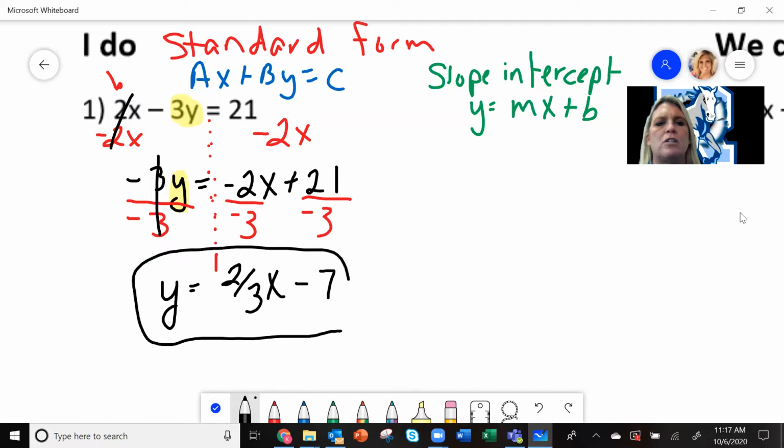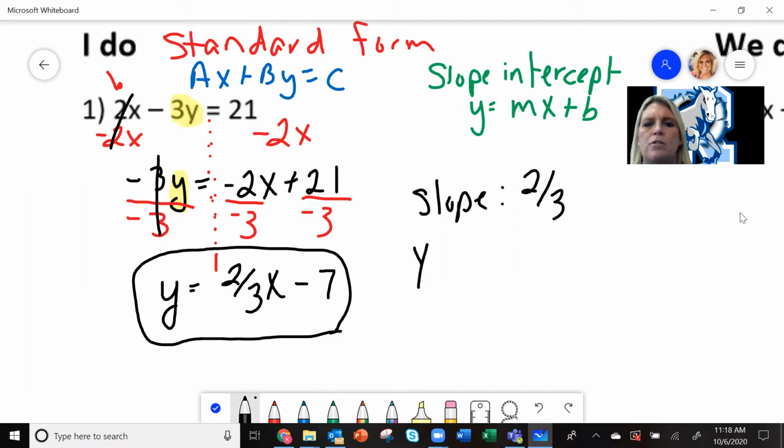This is my equation in slope intercept. My slope is 2/3. My y-intercept is negative 7, which we would write as 0, negative 7.